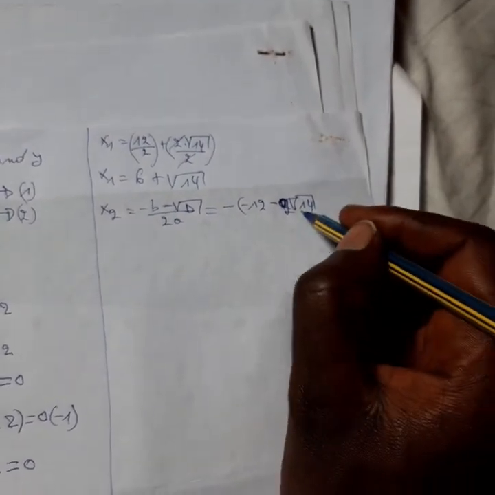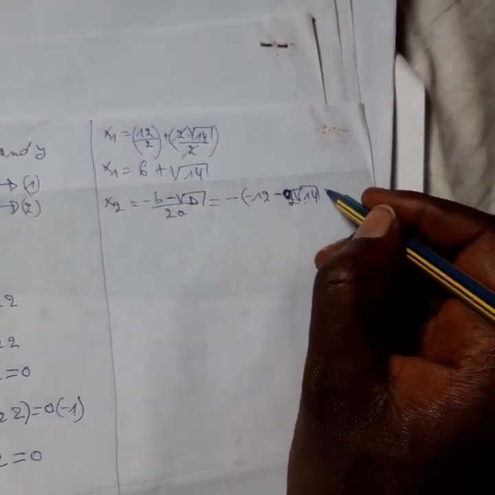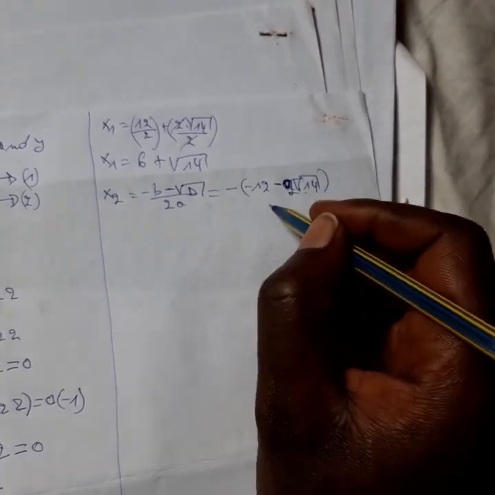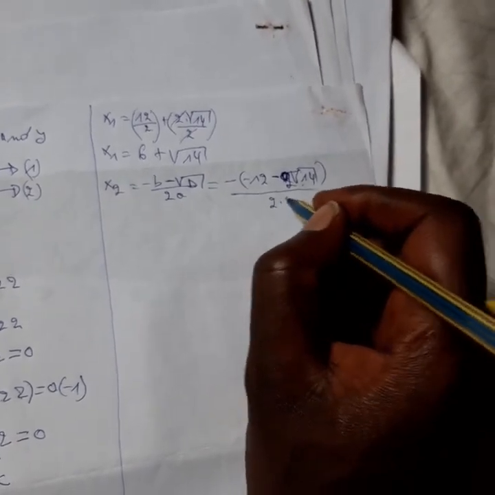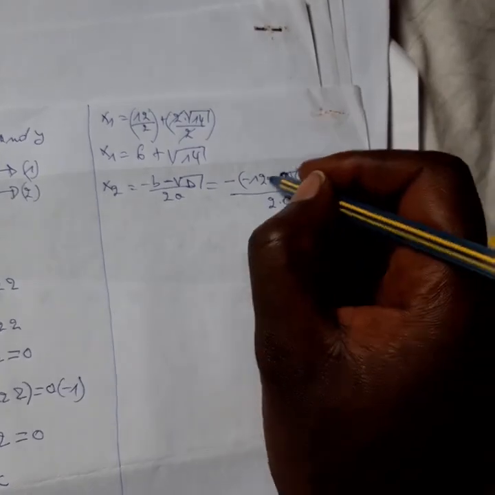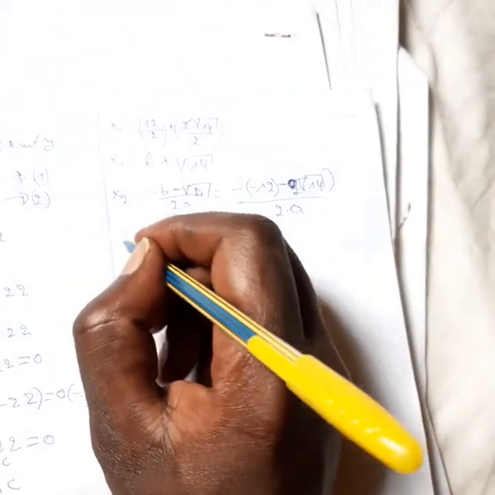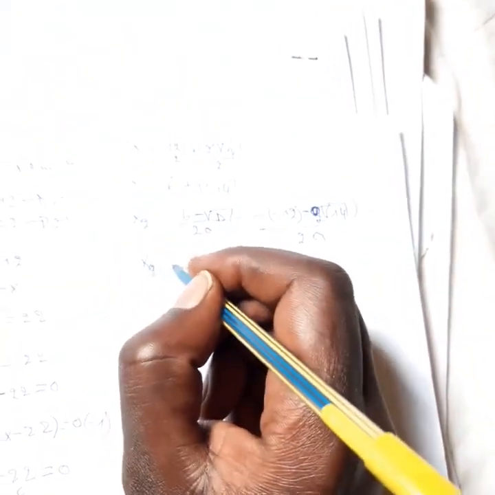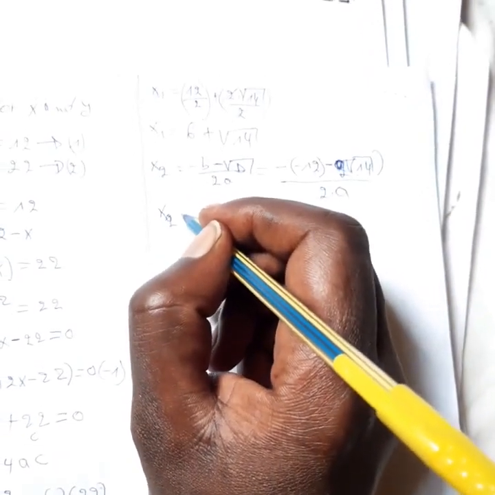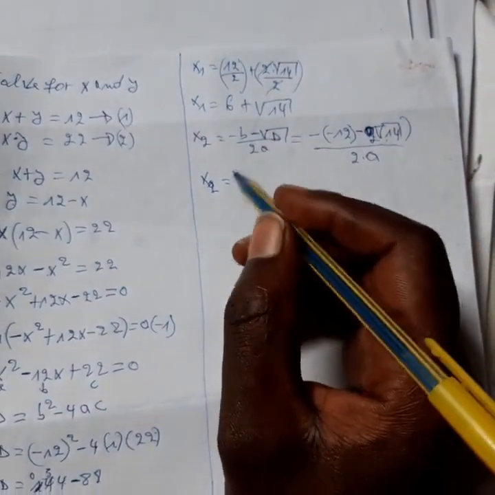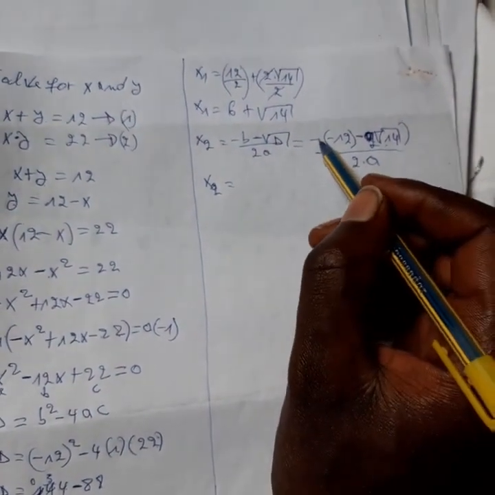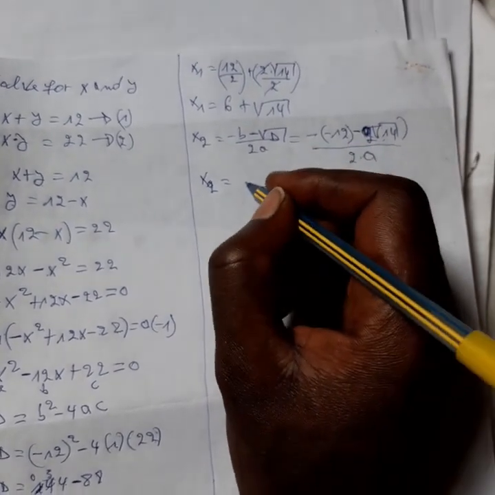Because this is the value of d, then over 2 times a, okay? So x2 will be equal to, this negative times this negative, it will be positive.